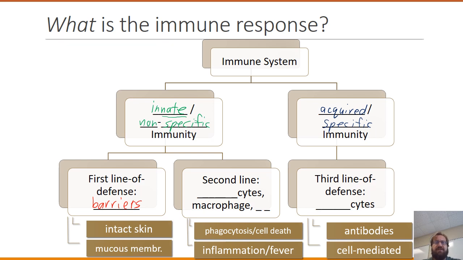As with safer sex, barriers are the first thing to try. So the most reliable thing, intact skin and intact mucous membranes form barriers to keep an infectious agent from getting into your body. But beyond that, we also have certain chemical and biological barriers built into our body that we'll talk about in a little bit.